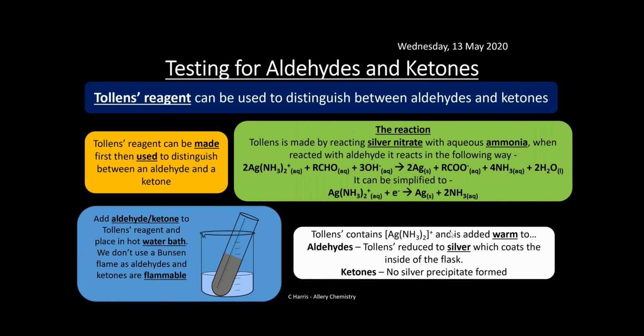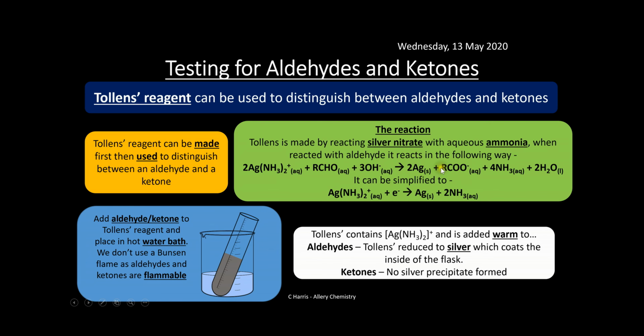So the overall reaction, because Tollens is made by reacting silver nitrate and ammonia, when reacted with the aldehyde, goes in the following way. We need to know these reactions. We've got our Tollens reagent, the diamminesilver complex, and our aldehyde, reacting with OH minus ions. It's all dissolved in a basic solution, so that's where the OH minus comes from.